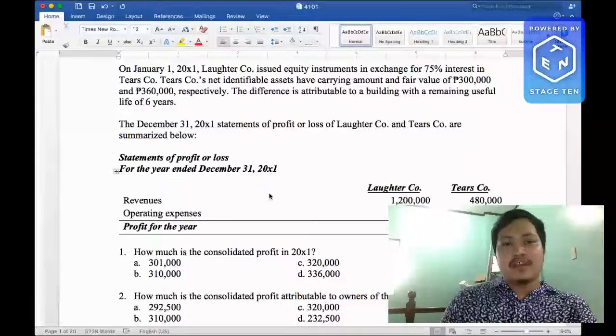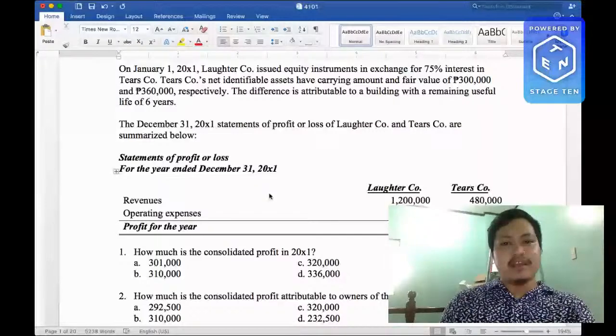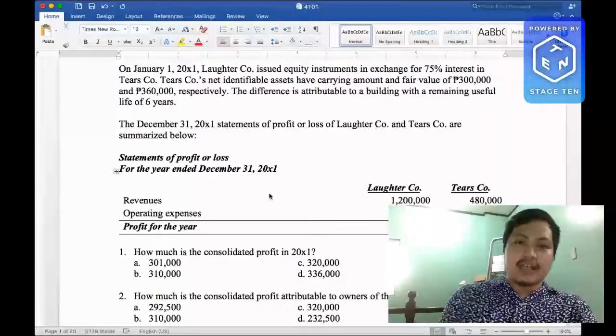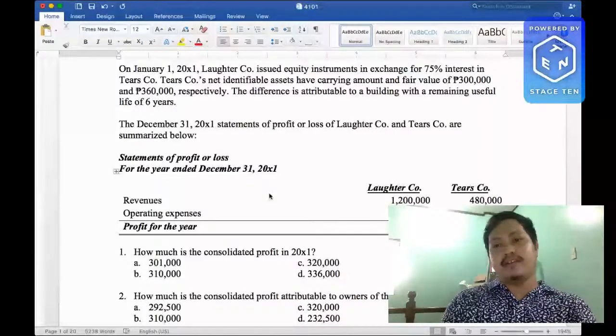The carrying amount of a depreciable asset, class, a building, in the books of the subsidiary is 300,000, while the fair value is 360,000. So if you ask the subsidiary how much is the value of the building, the subsidiary would say it is 300,000. But if you ask the consolidated entity how much is the value of the building, it would say it is 360,000.